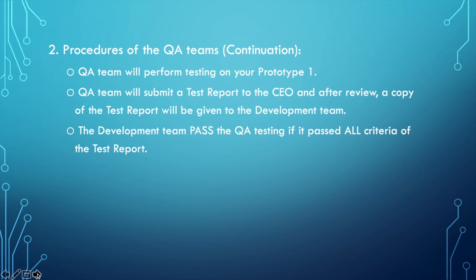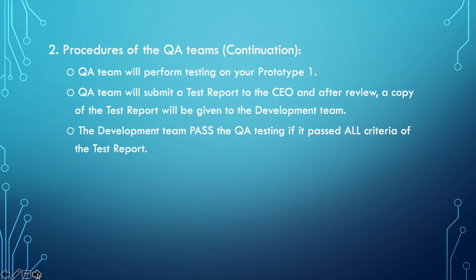The QA team will then perform testing on your prototype 1, and when they are done, they will submit a test report to the CEO. And after review, a copy of the test review will be given to the development team. We talk about issues, or if you pass, then that's a good achievement that you have passed the QA team.